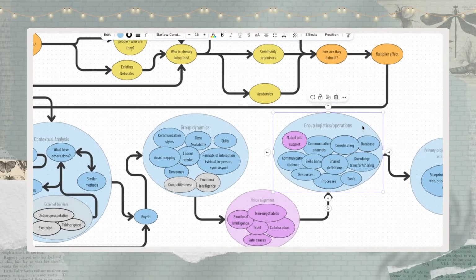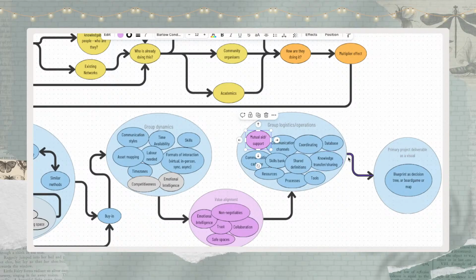It takes into account shared definitions, what it is that we are working for, making sure that everyone has a clear understanding of what those reasons are and what that looks like, what skills are available to the group and how the labor can be distributed, what resources are available, what processes are going to be used in order to carry out this effort, how it is going to be coordinated, how often you're communicating, and how the group is mutually supporting everyone within it.